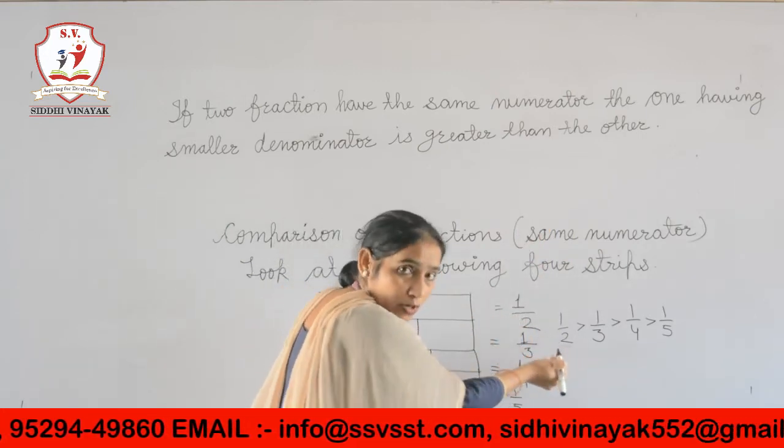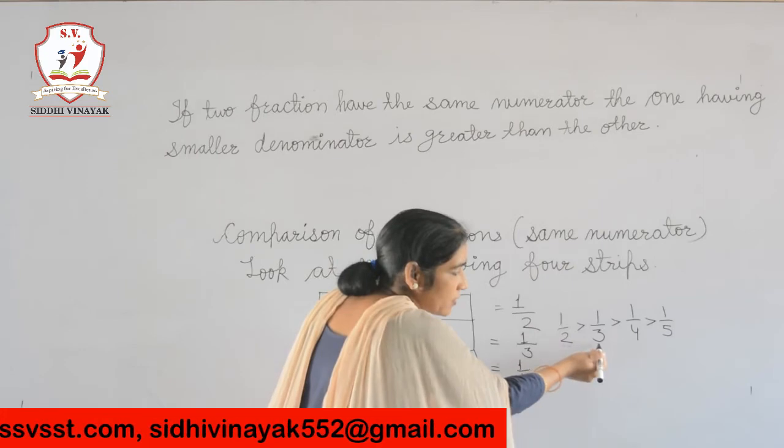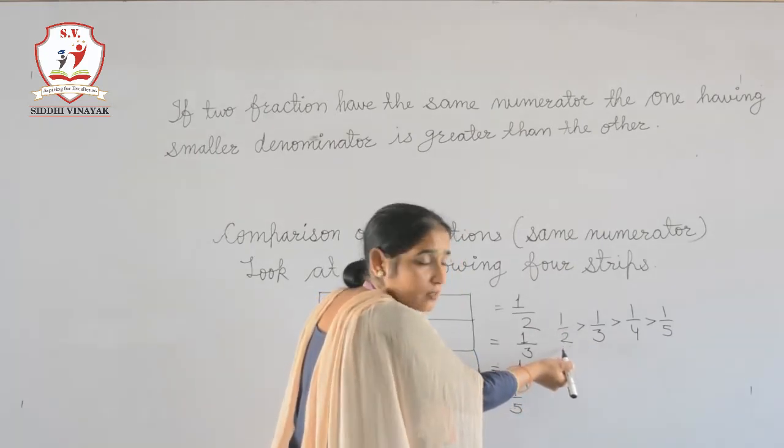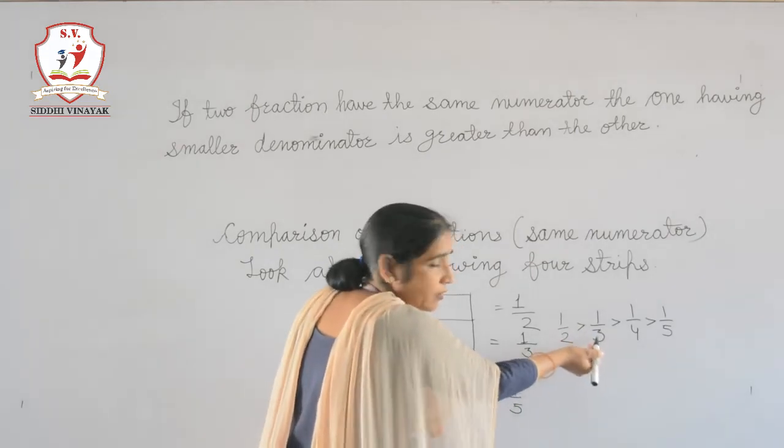This is the smaller denominator, this is the greater denominator. So this is greater than the other.